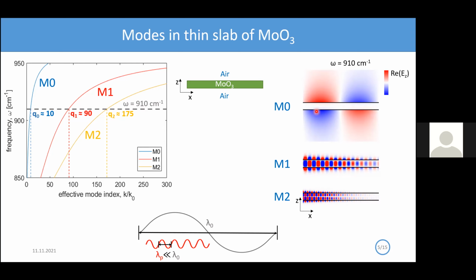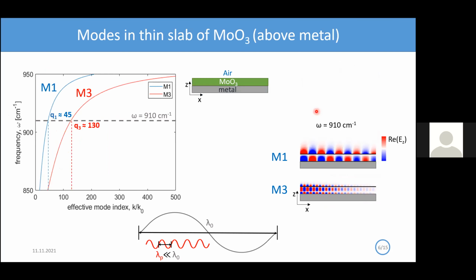The M0 and M1 modes are more interesting because of their propagation distance along the surface. Note that the effective mode index is quite large, and it helps us to reduce the wavelength in the crystal compared with the wavelength in free space.